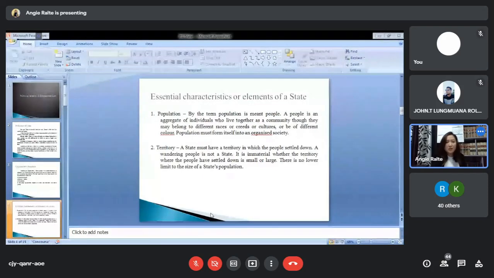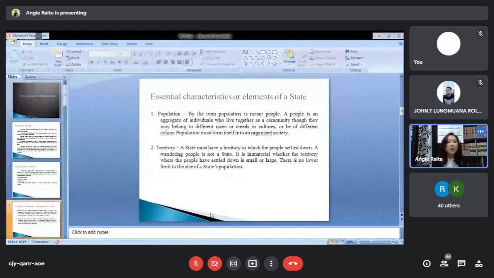That means people living together in a particular place, even though they belong to different races, creeds, cultures, or colors, in an organized society.